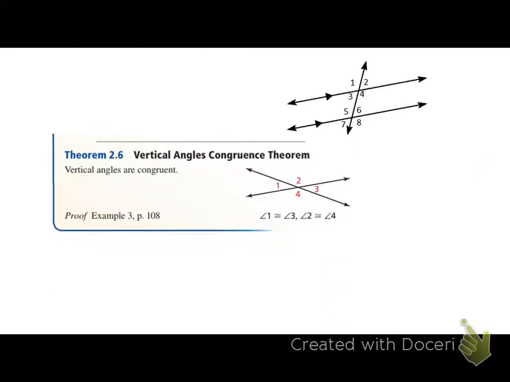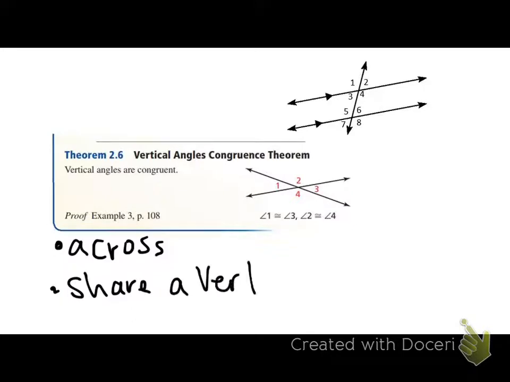So what I want you to write, vertical angles are across from each other. So they're across from each other, and they share a vertex. And then what do I know about their measures?